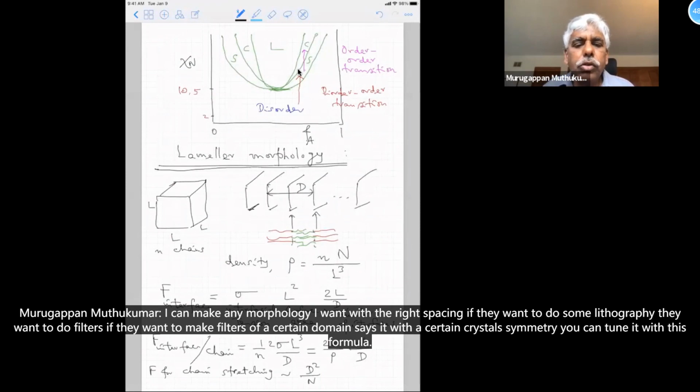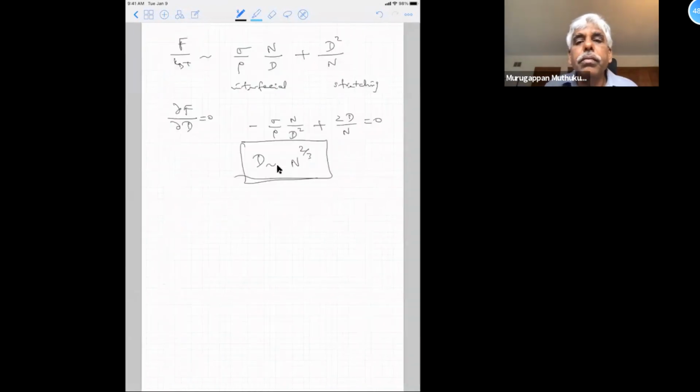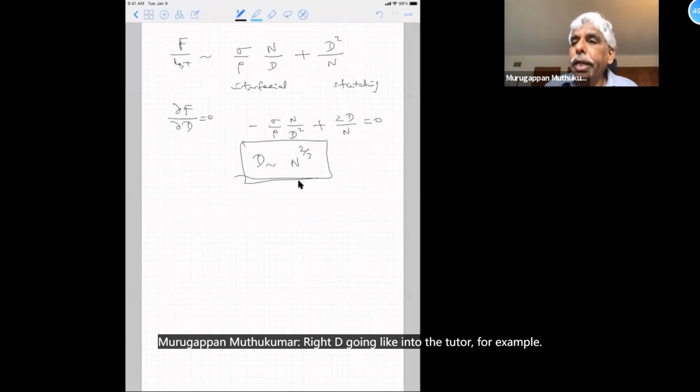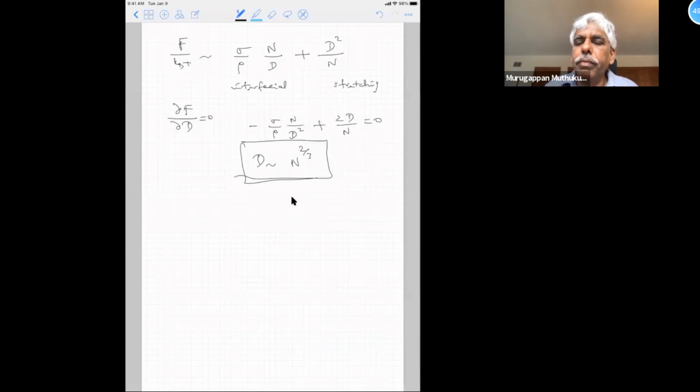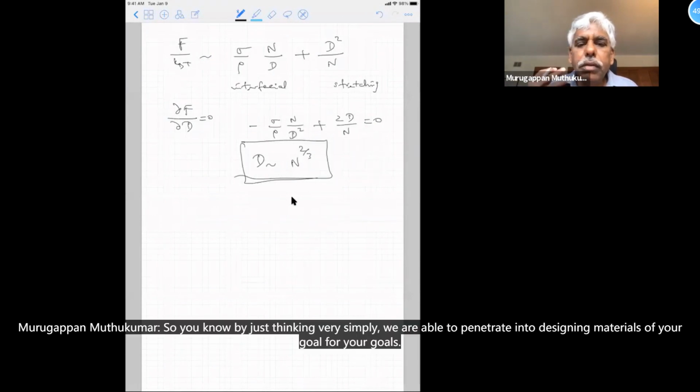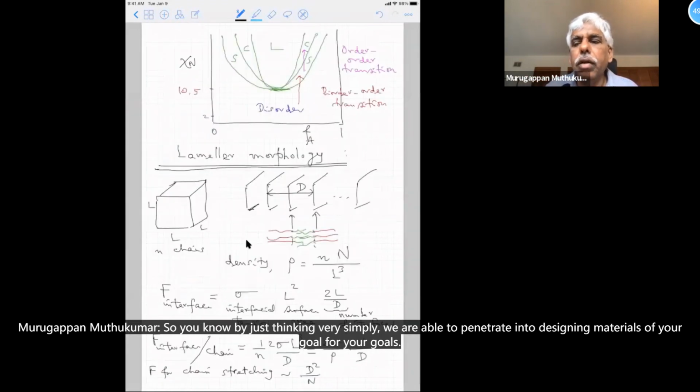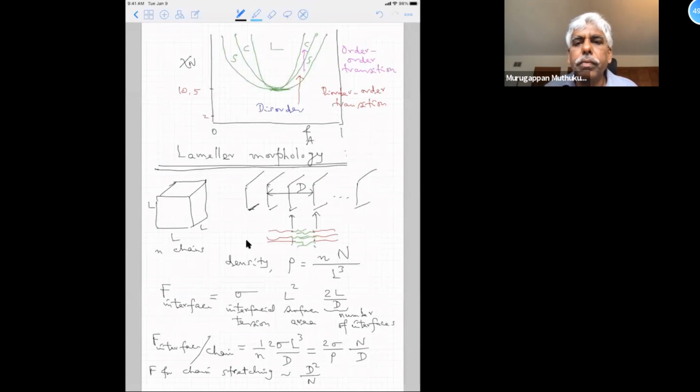If I want to do lithography, or make filters of a certain domain size with a certain crystal symmetry, you can tune it with this formula, D going like N to the 2/3. So by just thinking very simply, we are able to penetrate into designing materials for your goals.